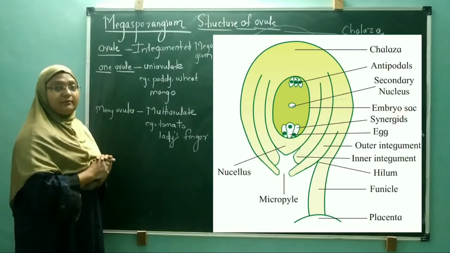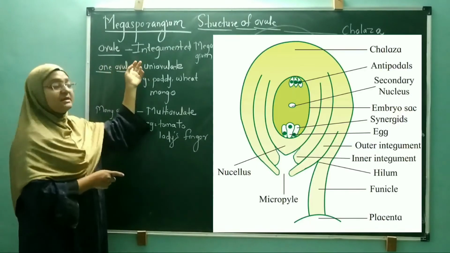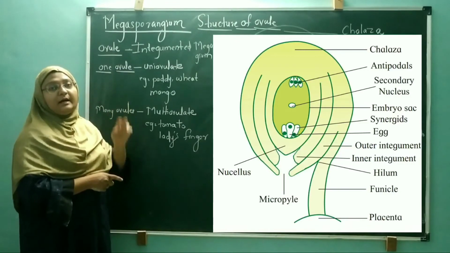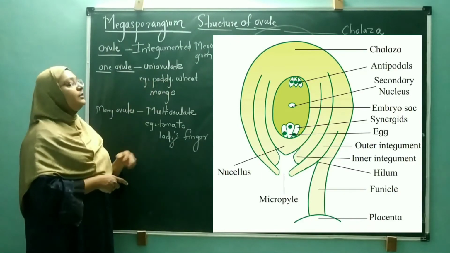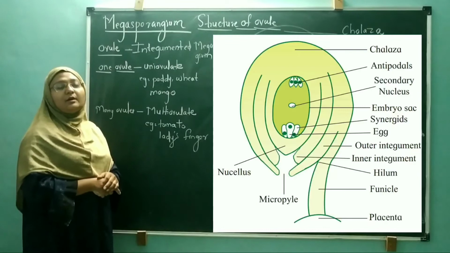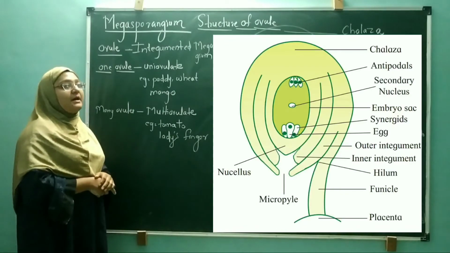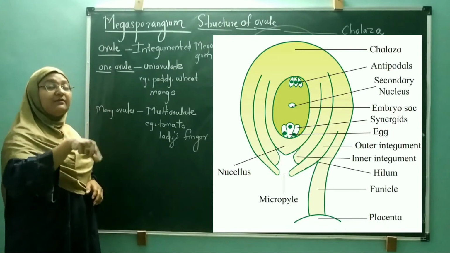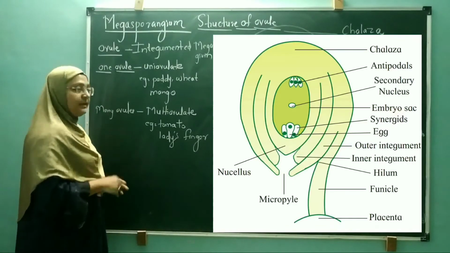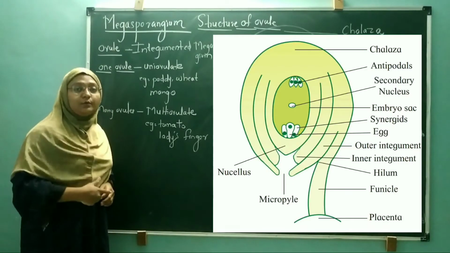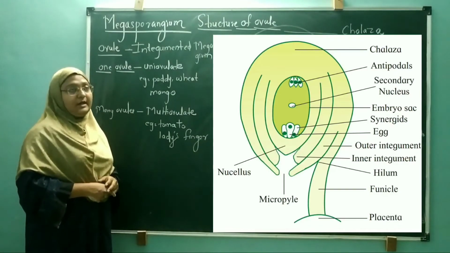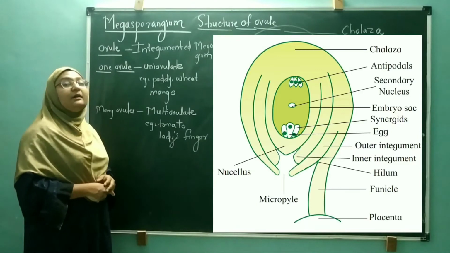In some flowers, the ovary contains only one ovule. This kind of ovary is called uniovulate. Examples are rice, wheat and mango, where only one ovule is present inside the one ovary. And if the ovary contains many ovules, it is called a multi-ovulate ovary. Examples are tomato and lady's finger.